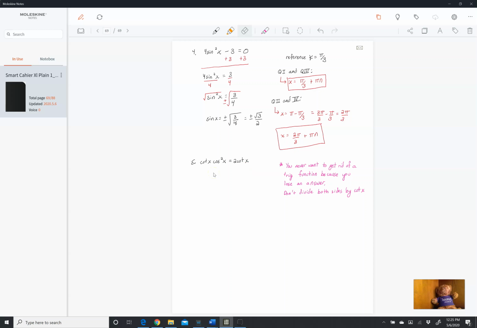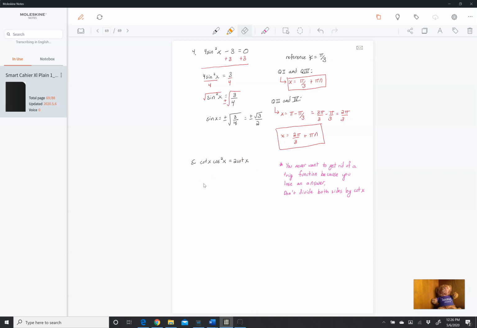We said when you verify identities, you only work with one side at a time. This is the reason, okay? If we were to take both sides and cancel out cotangent of x by dividing both sides by cotangent, we actually lose answers to our equation. So we never want to do that, okay?